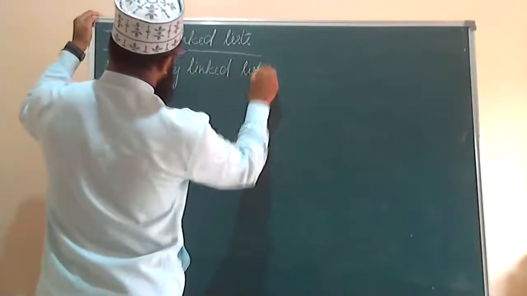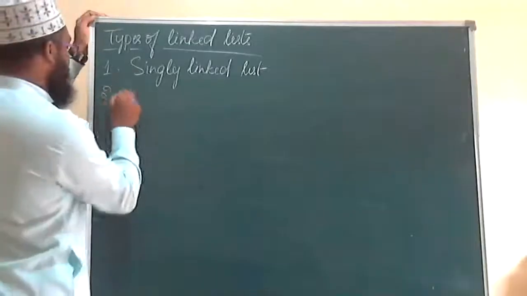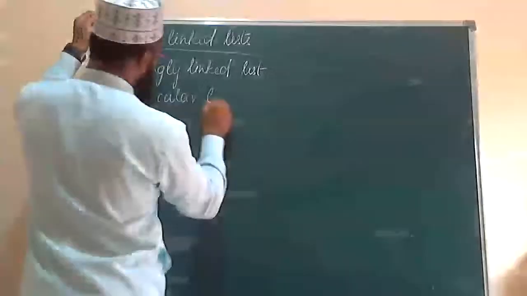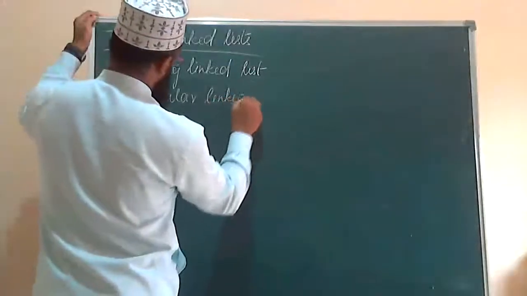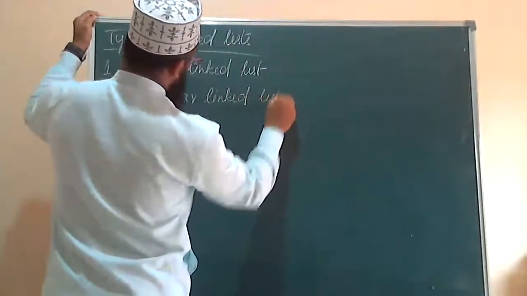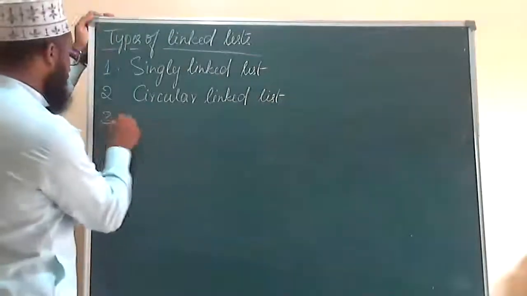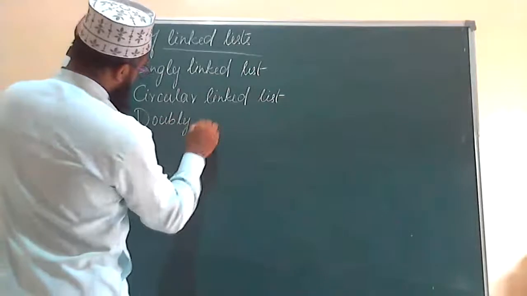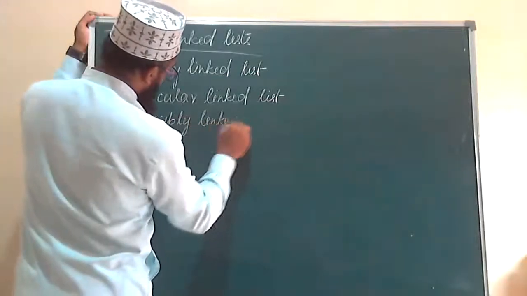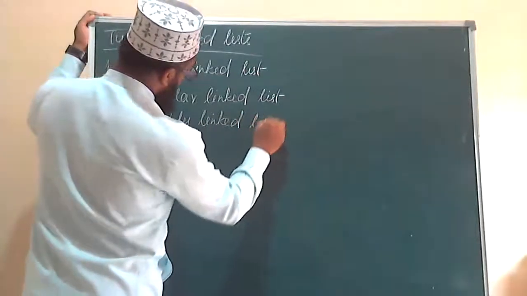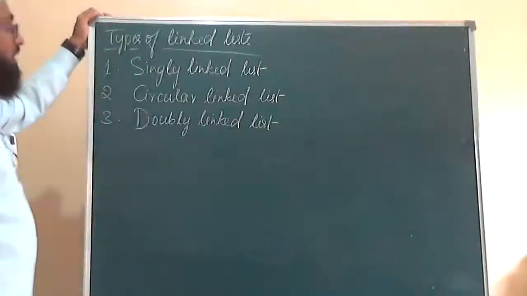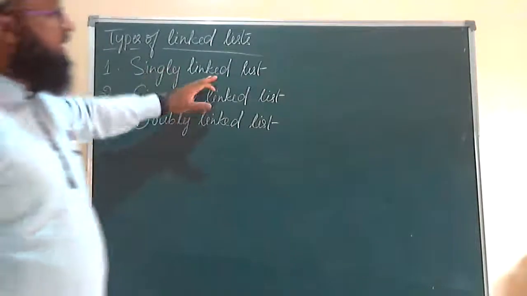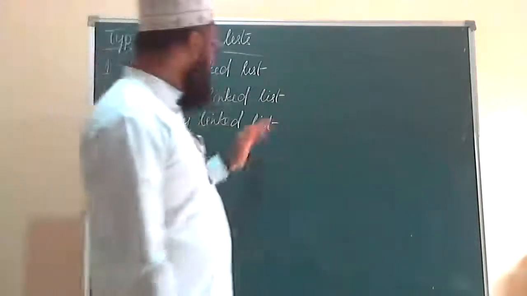The next one is circular linked list. And the last one is doubly linked list. Singly linked list, circular linked list, and doubly linked list. These are the three types of linked list.